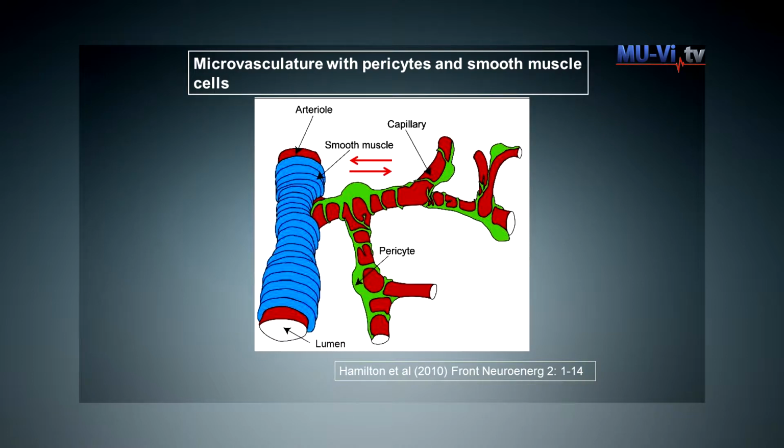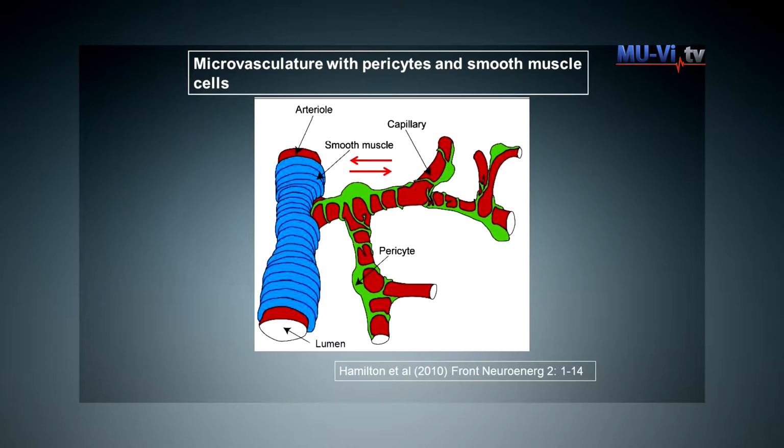The arteriole is covered by circular smooth muscle cells, and the pericytes are distributed along the small vessels and are connected with their outgrowths among each other or with some of the endothelial cells.